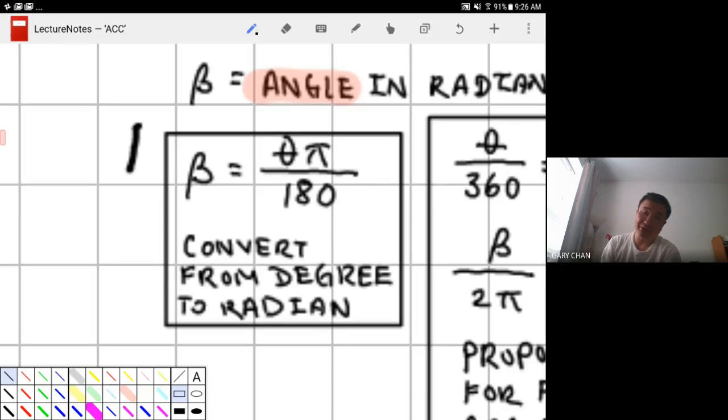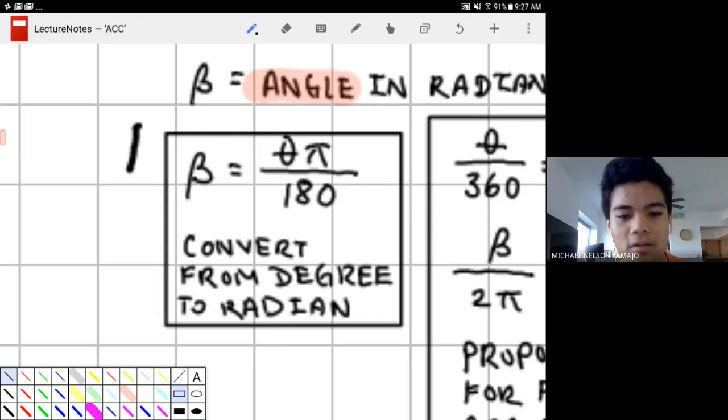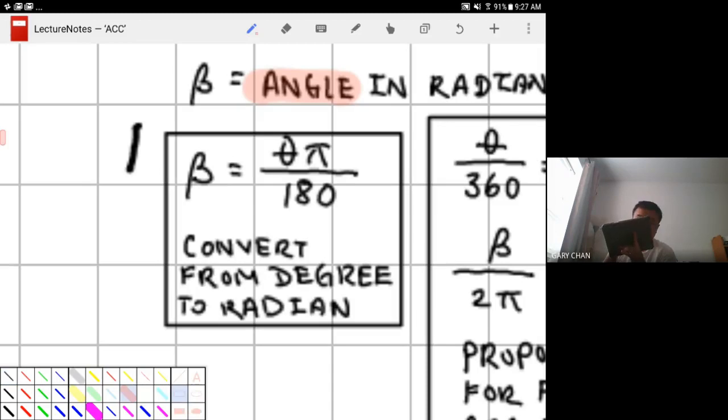But is that a measure in degree or in radian? Radian. In this formula here, Michael, is beta a radian measure or a degree measure? Degree. One more time, this thing I'm highlighting right now, is that a degree measure or a radian measure?